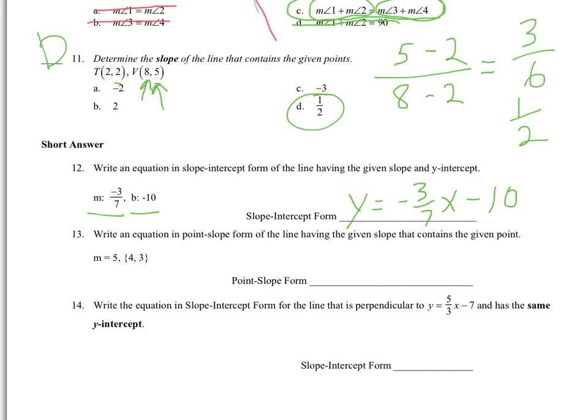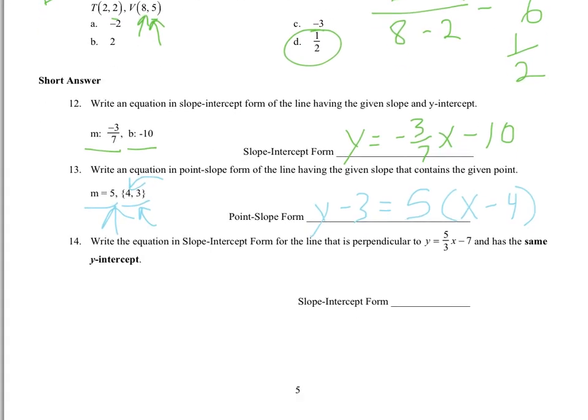So here's my point, here's my slope. Let's put that in point slope. We always start with y minus my y-coordinate, which in this case is 3, and we set that equal to my slope, which is 5, parentheses x minus my x-coordinate, which was 4. And that's point slope form.